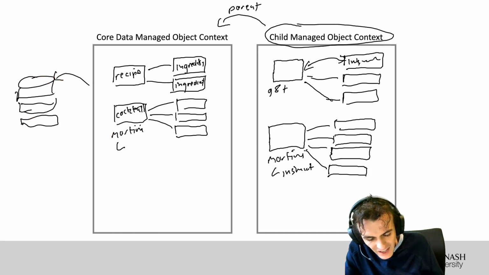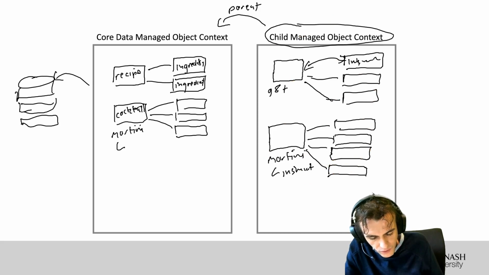So the elegance of this approach is that the actual code I write to create a new object and associated things, or to just change an existing one, none of this code really changes.